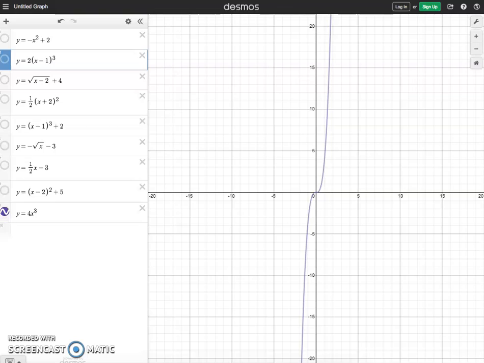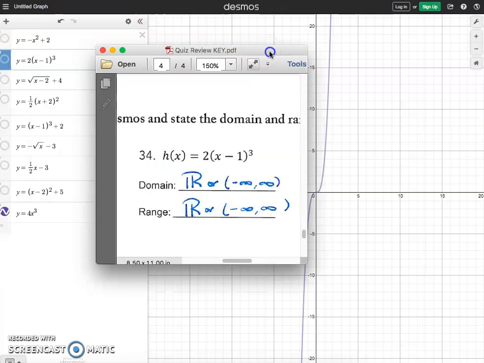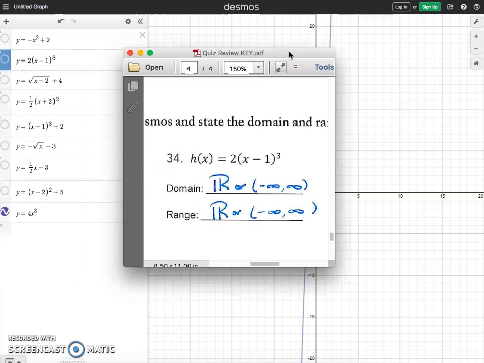It would have a domain and a range of all real numbers because, once again, it's a cubic function. You should have written your answer for either 34, 37, or 41 using the R symbol or interval notation.